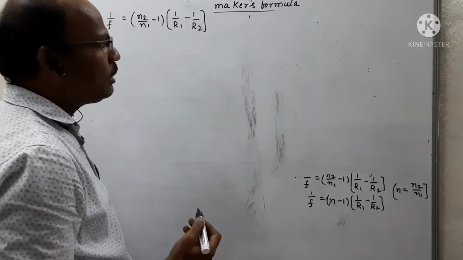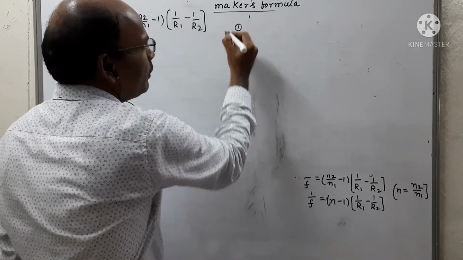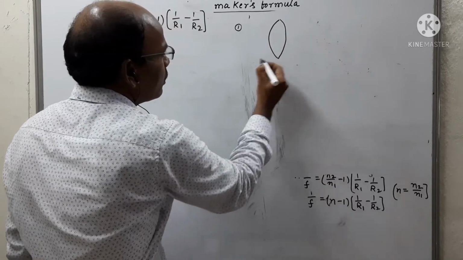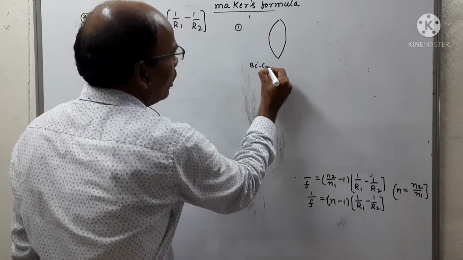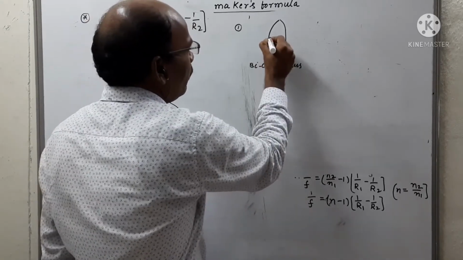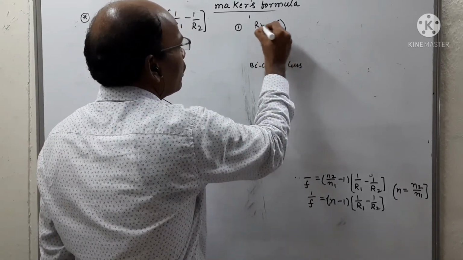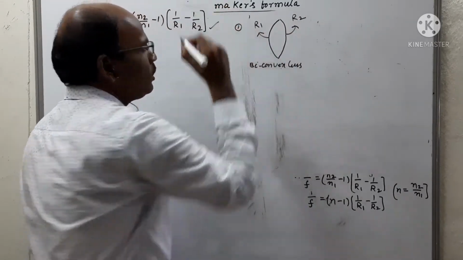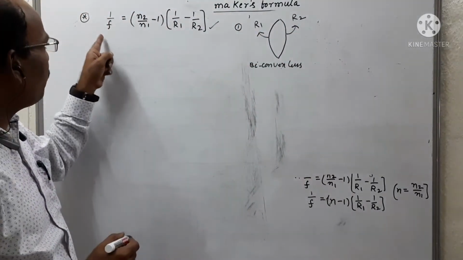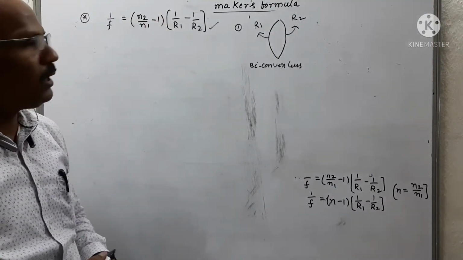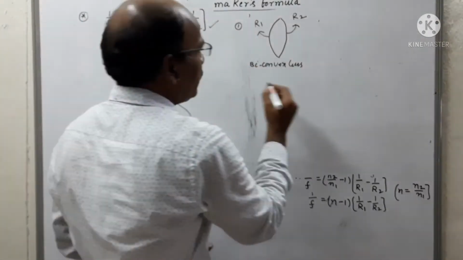Depending upon the shape of the given convex lens, suppose this is a biconvex lens, where we observe different radii of curvature, we use the Lensmaker's formula 1 by F is equal to N2 by N1 minus 1 into 1 by R1 minus 1 by R2. So this is the first one.